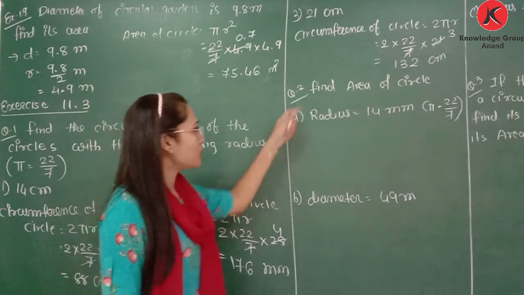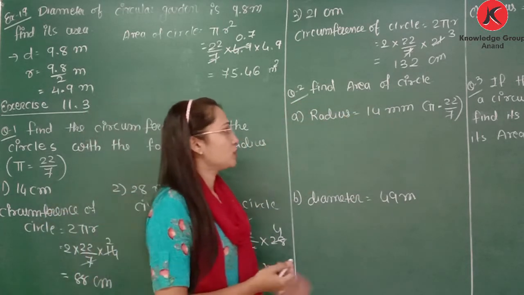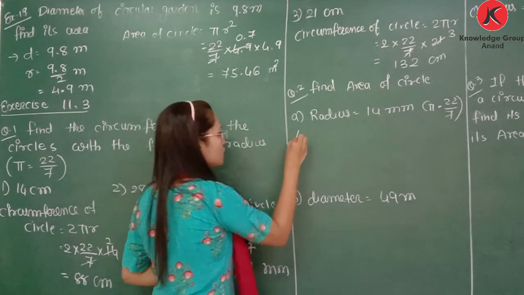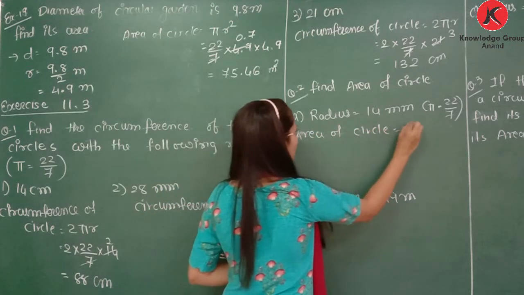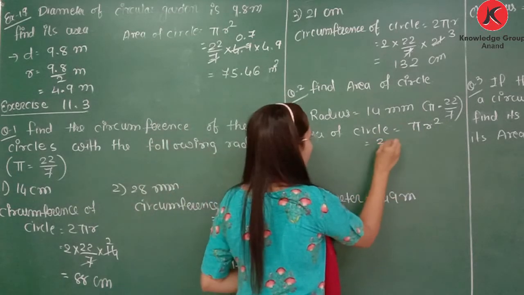Now next one, find the area of a circle. So what is the equation for the area of a circle? That is pi r square. So radius is given, we can find the area. So area of circle, that is pi r square. Pi we need to take 22 by 7.